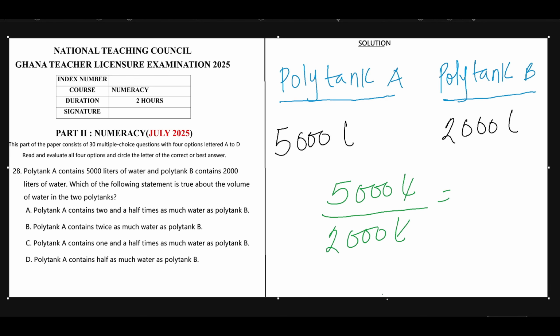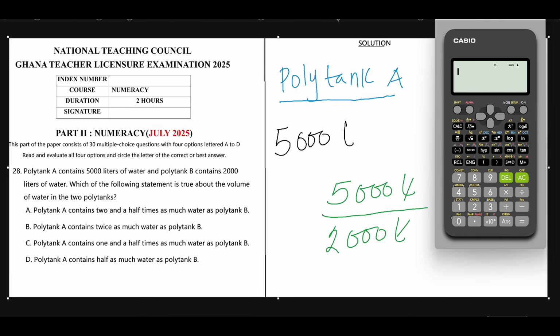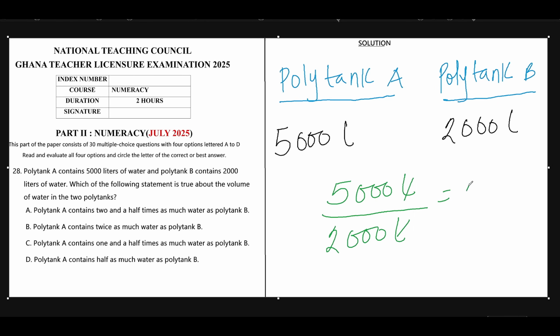So let's see, 5,000 liters divided by 2,000 liters. Let's change it to a decimal fraction and see. In decimal fraction, we have 2.5.